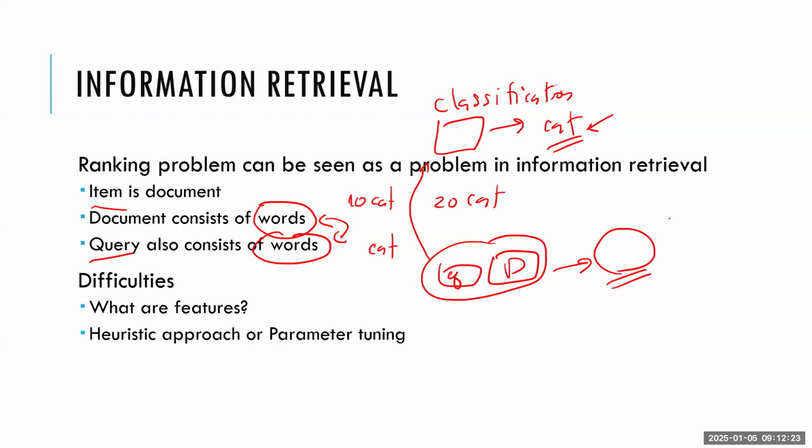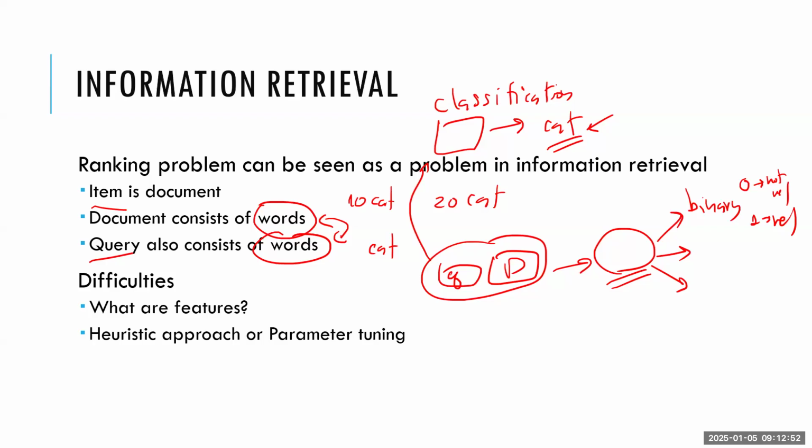So the label can be many patterns. If it's binary, 0 can mean not relevant, and 1 can mean relevant. So we can match this query to all the documents.